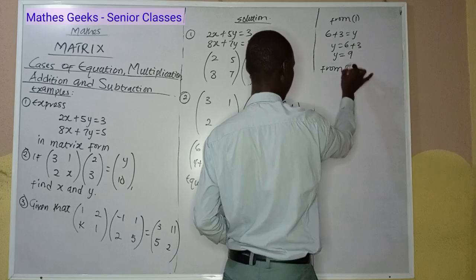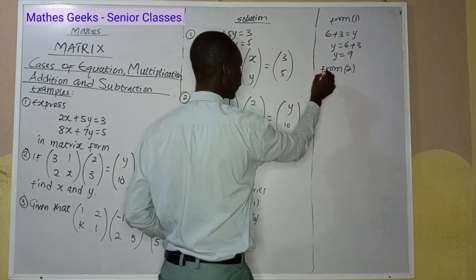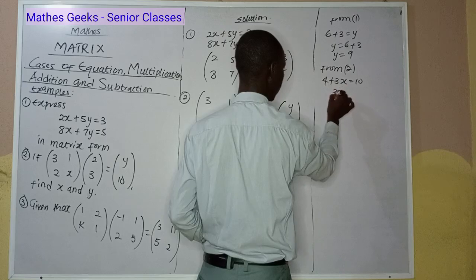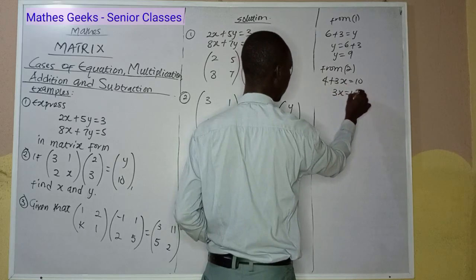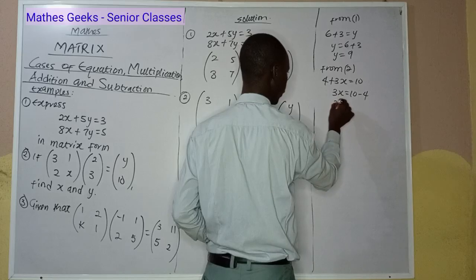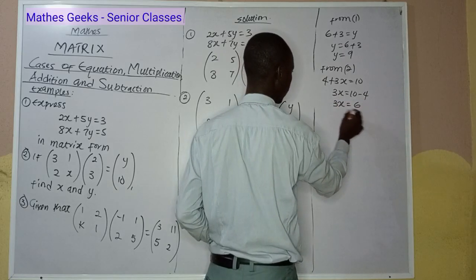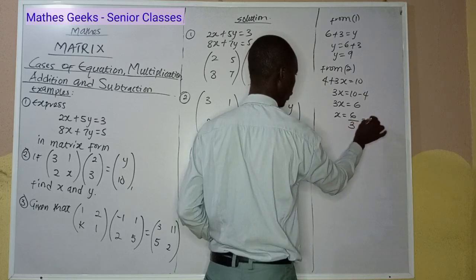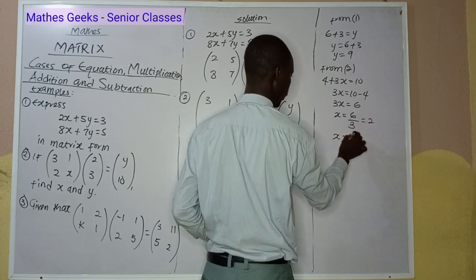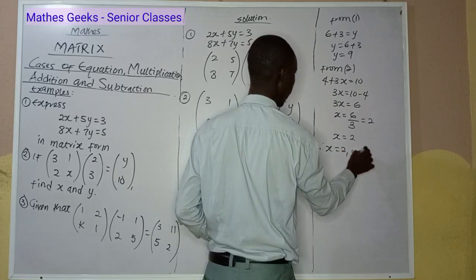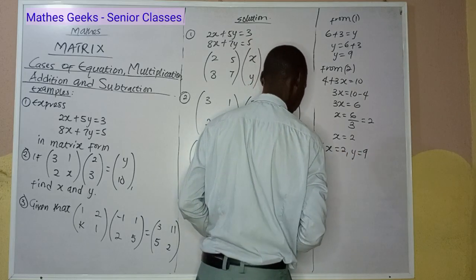From 2, 4 plus 3x equals 10. 3x is equal to 10 minus 4, and 3x equals 6, and x equals 6 over 3, which is equal to 2. So x equals 2. Therefore, x equals 2, y is equal to 9.